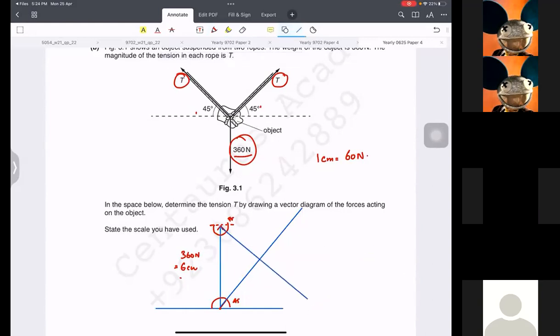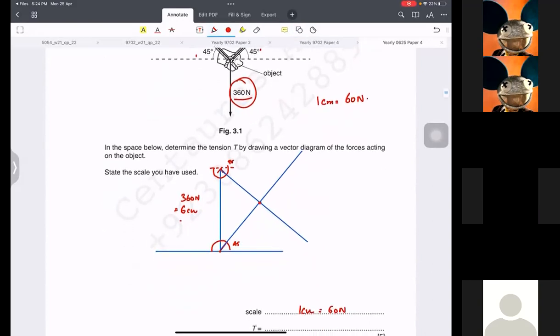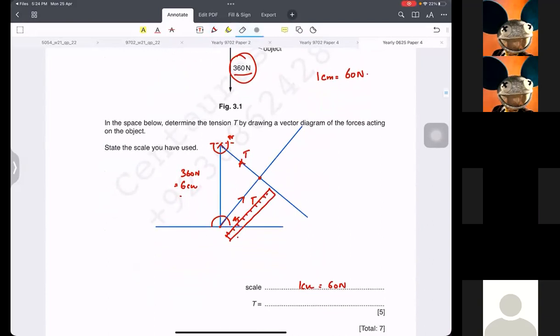Now, wherever they intersect, this is the point. This is the T, and this is the other T. You can measure it using your ruler, whatever the length is, and then convert it into the scale and write it.